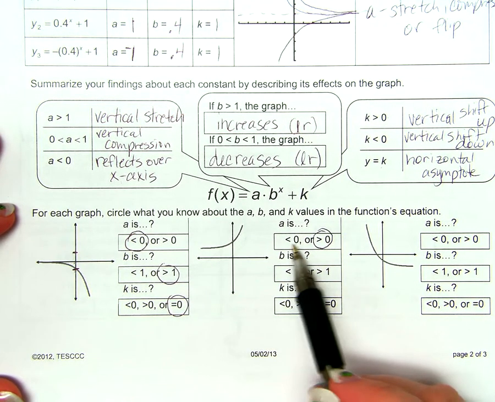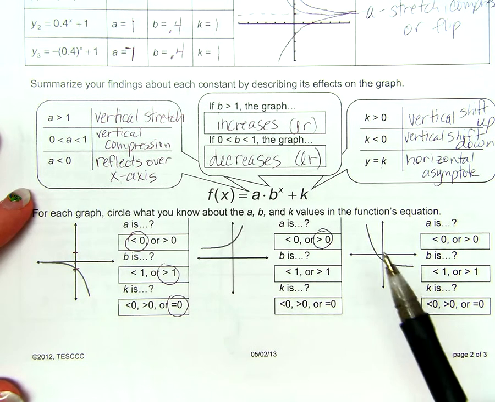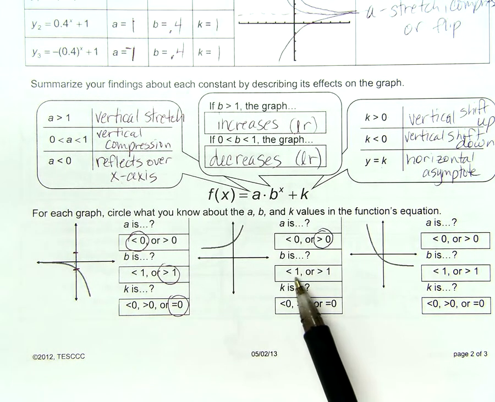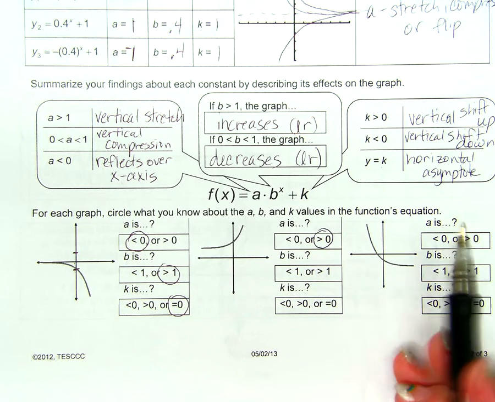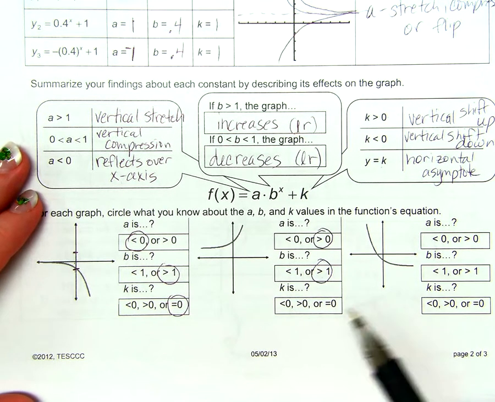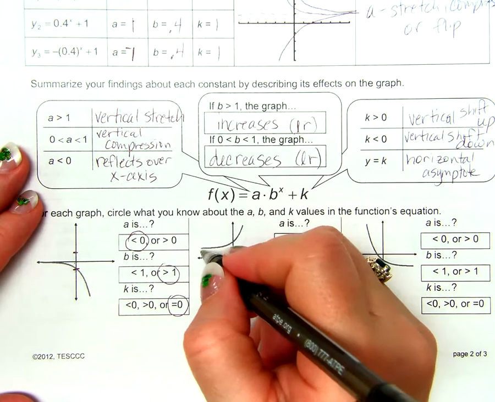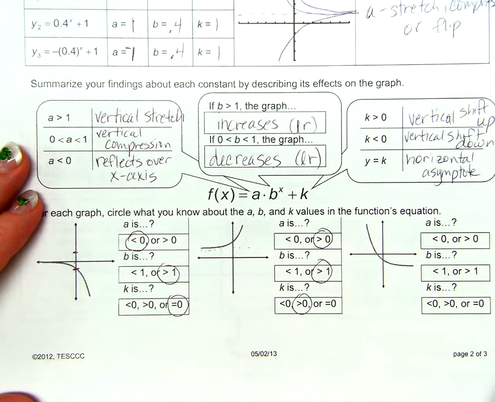Because it was just asking less than 0 or greater than 0, not anything about a stretch or a compression, right? So what about B? Is it less than 1 or greater than 1? Greater than 1. Why'd you say that? Because it's increasing. And then what about K? Why do you say greater than 0? Because it's shifted up. Like there's an asymptote right there, isn't there?